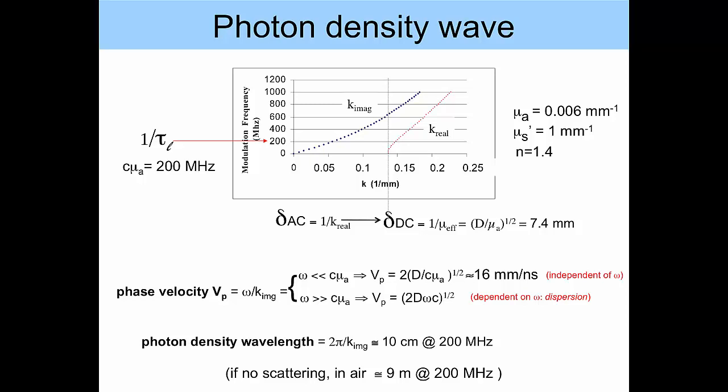Phase velocity, just to remind those of you who haven't been thinking about waves in a while, is equal to omega over k. And for convention here, we're going to say that Ki gives the information on phase, and Kr gives information on amplitude.